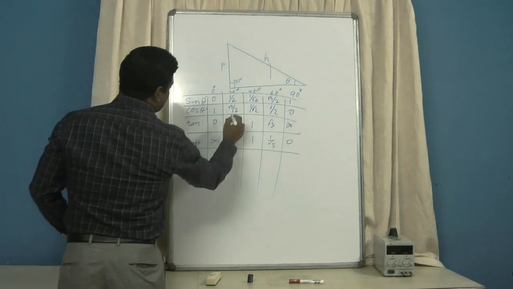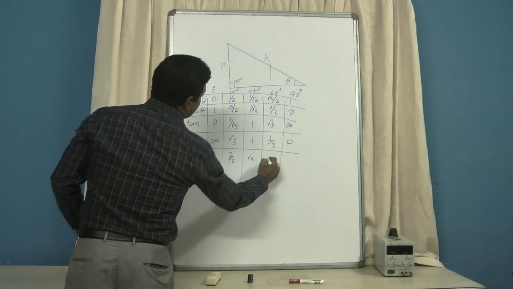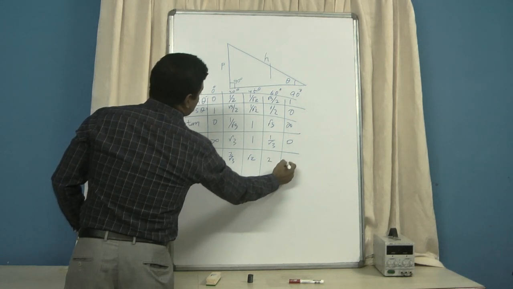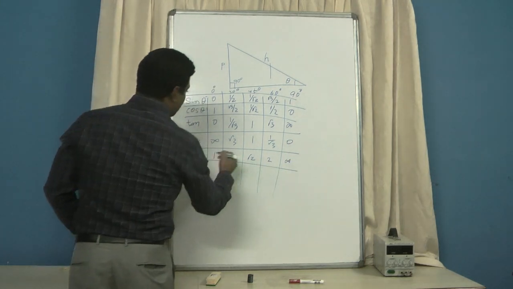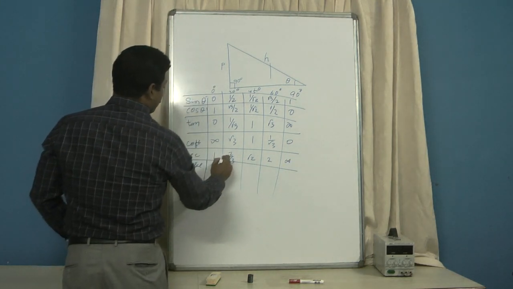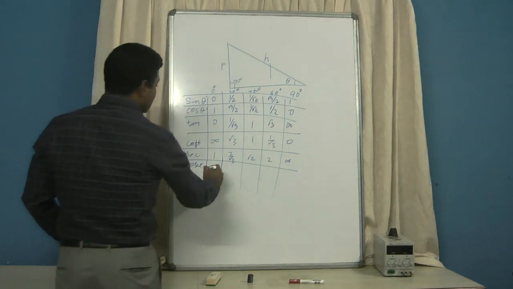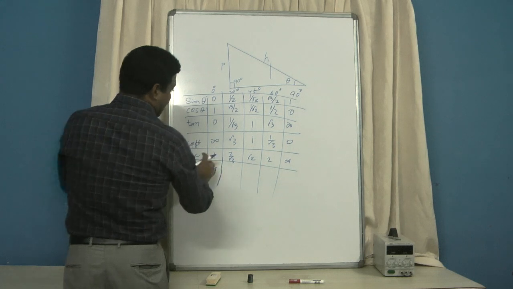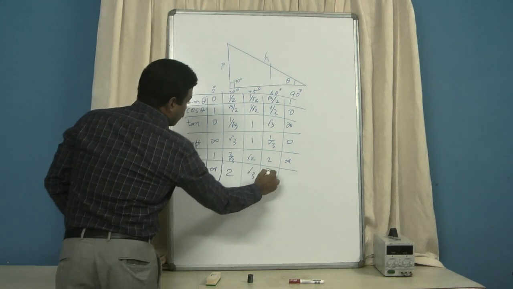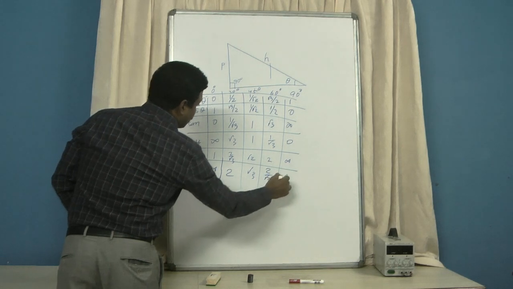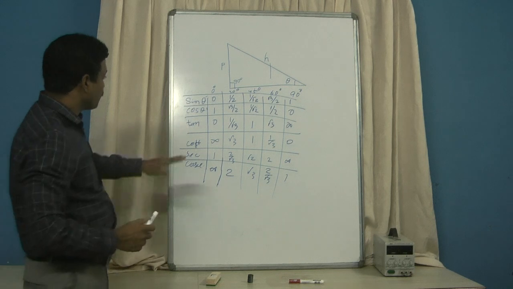This will be 1, this will be 2 by root 3, this will be root 2, this will be 2, and this will be infinity. Anything divided by 0 is infinity. Cosec will be the reciprocal of sin. This will be infinity, like a seesaw kind of thing. This will be 2, this will be root 2, this will be 2 by root 3 and 1. So this is how we will remember those values.